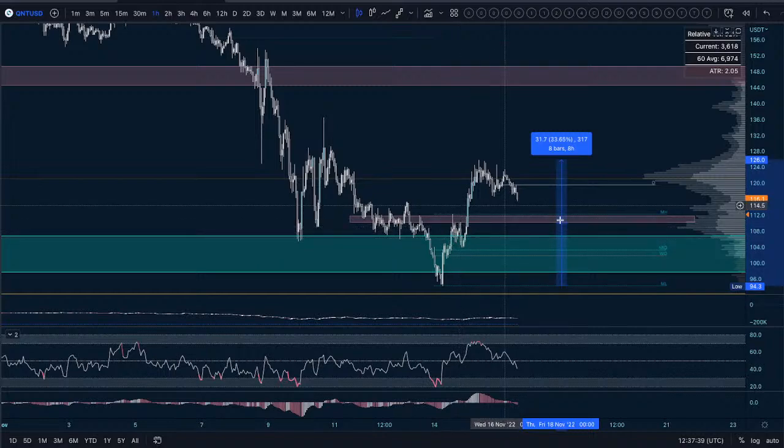If a region has to hold, that's the region, because it broke all the structure here, and now if it holds, if I see a bull day forming here, I would go for longs.